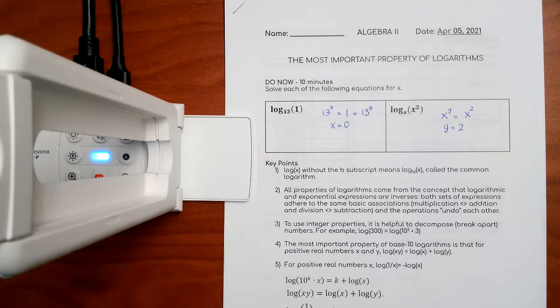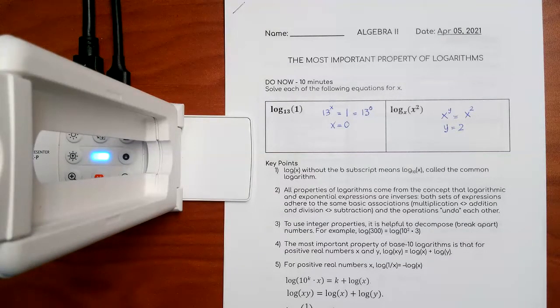Now let's look at the key points. It says log of x without the b subscript means log of the base 10 and value x, called the common logarithm. So whenever you see a log without mention of any base, just understand that it is base 10, and that it's also called the common logarithm.